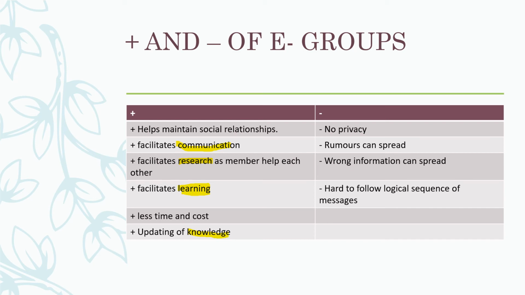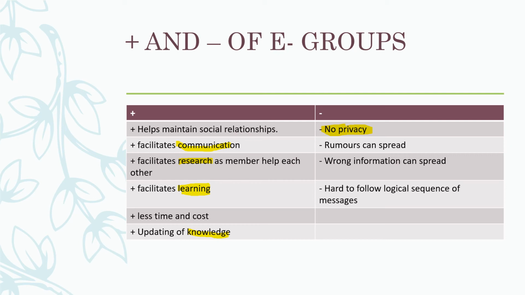Then some of the issues are that there is no privacy. Some group members might not be aware of other persons' privacy. They'll be sharing unnecessary things, unnecessary links, maybe inappropriate things as well. Rumors can also spread in the group when people are not aware of something.